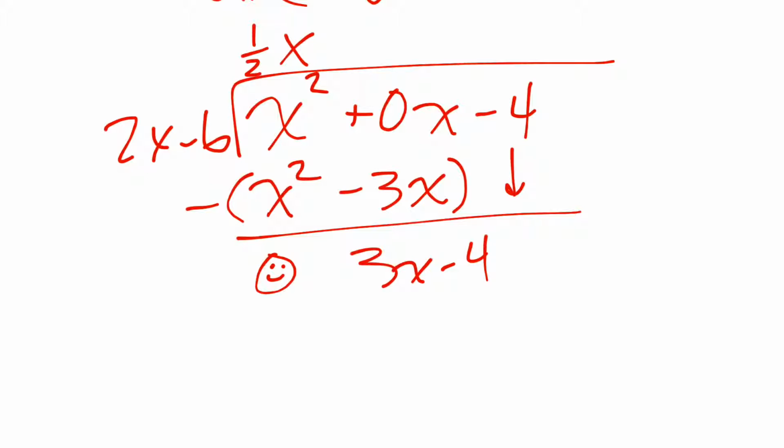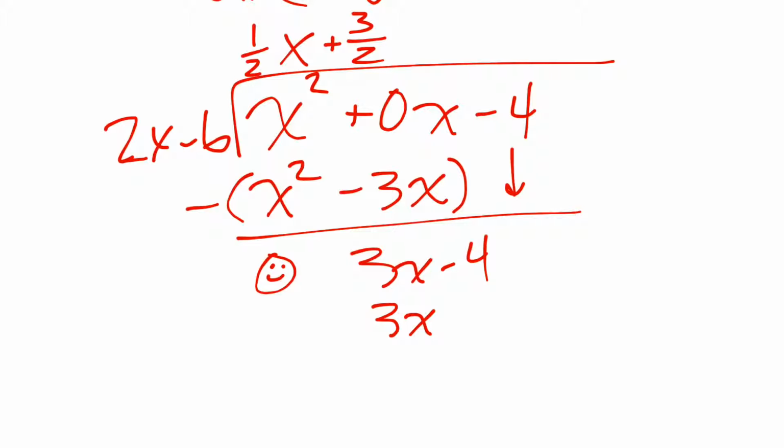And now what? Now we say 2x times what is 3x? Well, we need to turn our 2 into a 3, which might scare you, but it's really not that bad. If we want the 2 part to go away, we need to have a denominator of 2. If we want the 3 part to appear, we need to have a numerator of 3. So plus 3/2. 3/2 times 2x is 3x. 3/2 times negative 6, well, negative 6 divided by 2 is negative 3.